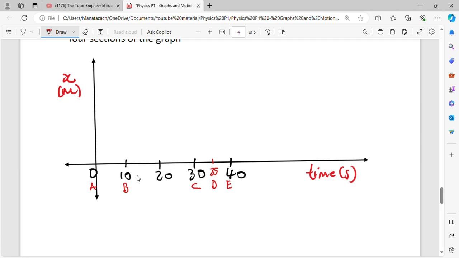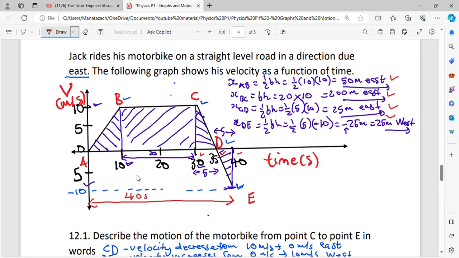Now let's choose the total displacement here. Let's just make a total so that you can budget it on our graph scale. So when you add everything up here, the total displacement is going to give us 50 plus 200 plus 25, right, minus 25. Remember the sign, minus 25, that's a total displacement.